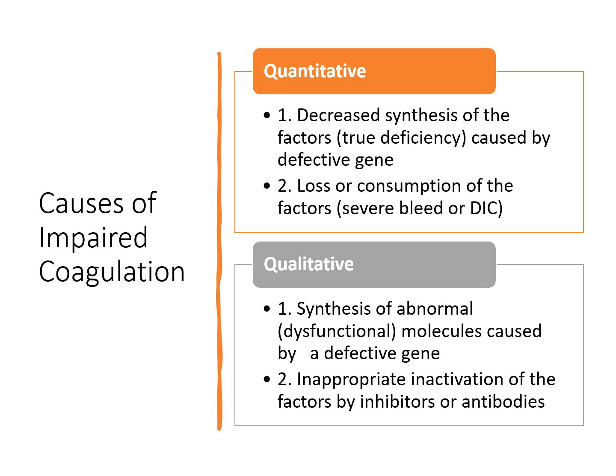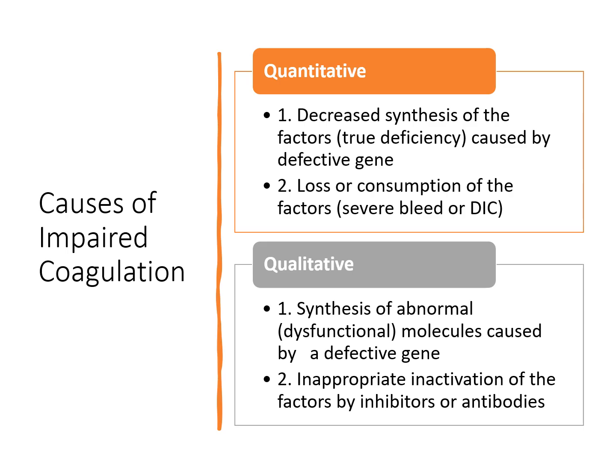The second category is qualitative, and this is going to be where we have synthesis of abnormal or dysfunctional coagulation factors, where a defective gene causes the molecule structure to be abnormal. And remember, the COAG cascade is based on enzymatic activity and reactions.